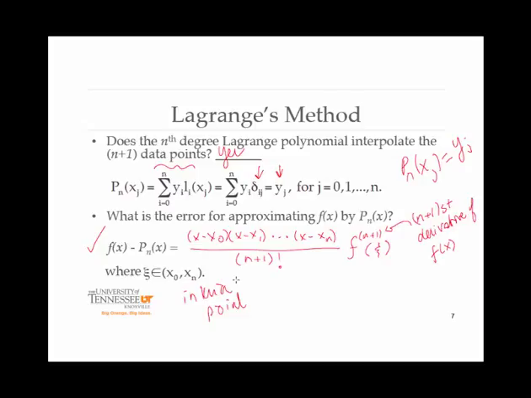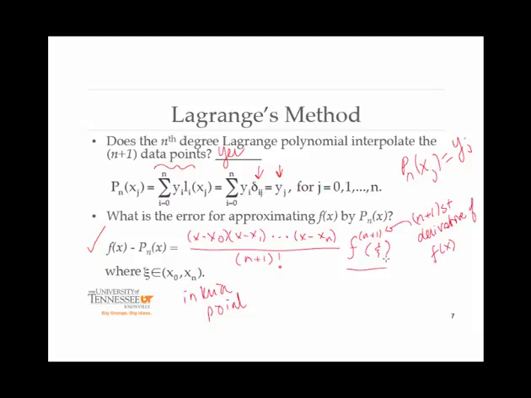So the error is controlled certainly by how many terms you have up here, in terms of the degree of the polynomial you're using to fit it, but also by the derivative. If the derivative is well bounded, then this might not be too bad. But if the derivative could get very large, then you could run into trouble in terms of the error. So the degree really does matter.